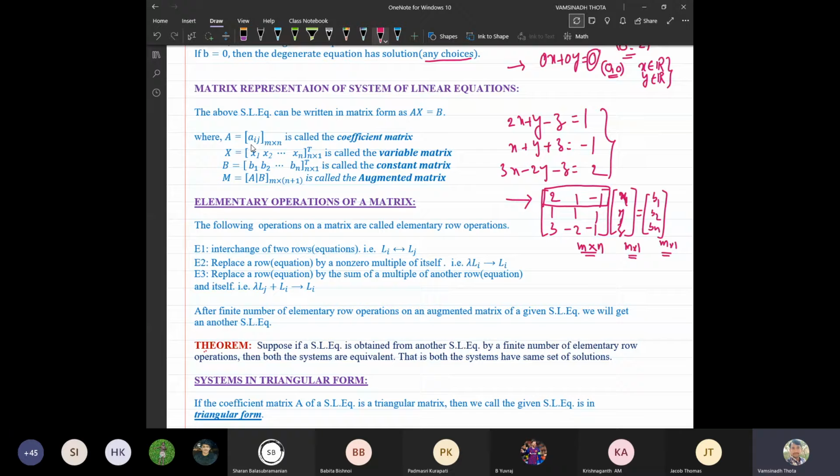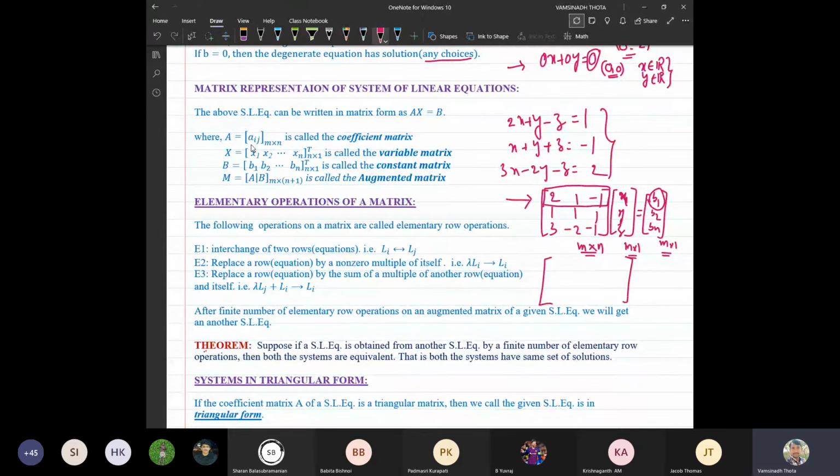Okay. Now, if you look at the coefficient matrix, the first row will give you only the coefficients, but it will not give you any information about the constant. So there is something called the augmented matrix for a system of linear equations. Let me write it for this example.